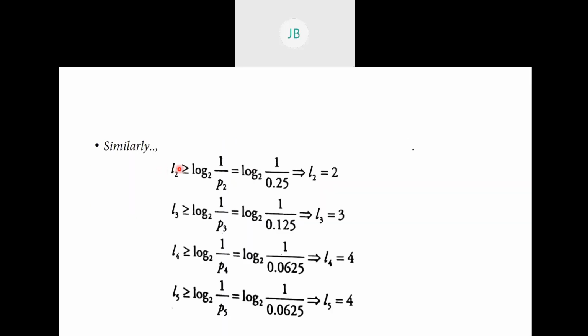Those values are shown at this step here. The second one is log of 1 by probability 0.25. That comes to 2. Similarly, for the third one, the probability is 0.125, so the L3 value will be 3. Similarly, the fourth and fifth, since they have equal probabilities, the L4 as well as L5 values come to 4 each. That means when we design the code word, it will have 4 bits.